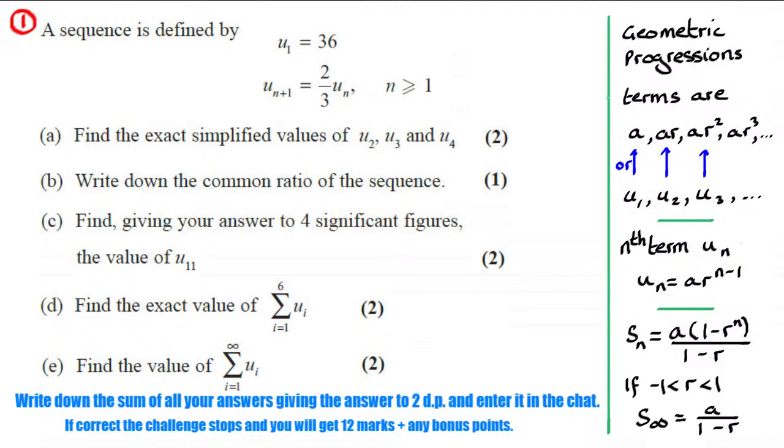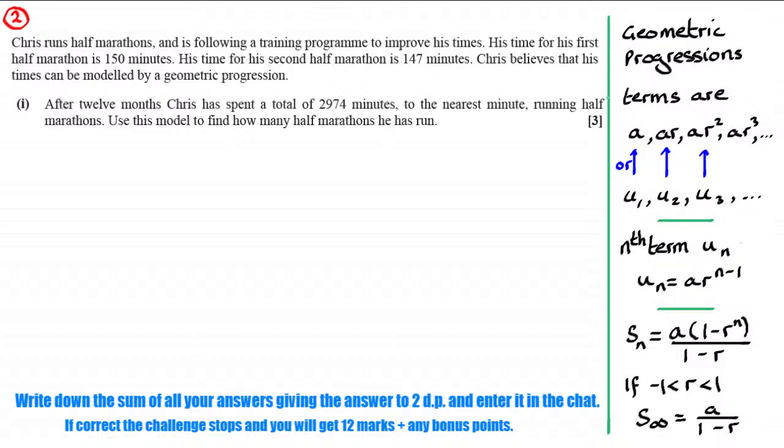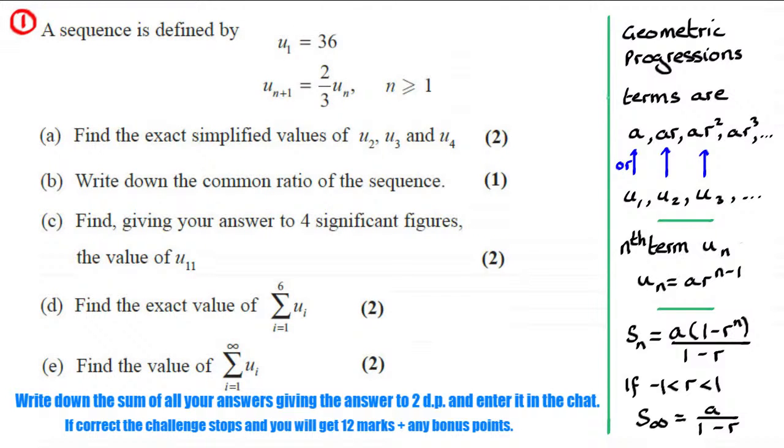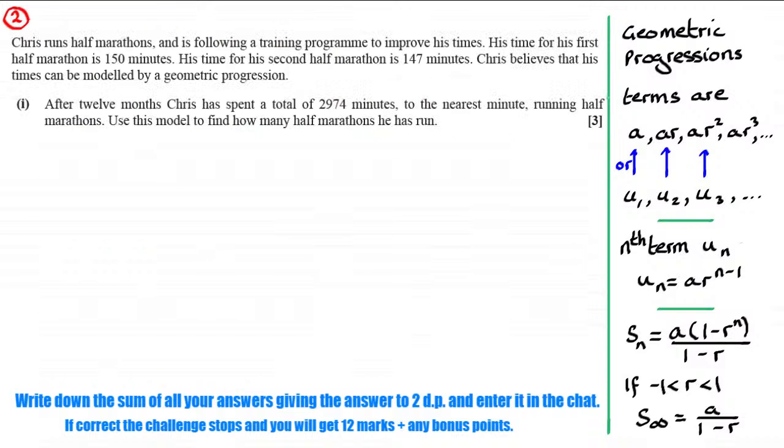So can we give Erica 10 bonus points, please, Michael? As I say, when this finishes, I will run through the solutions and you can add up your marks for the questions and we can see who comes out on top.